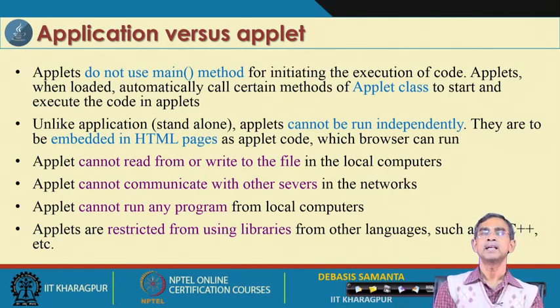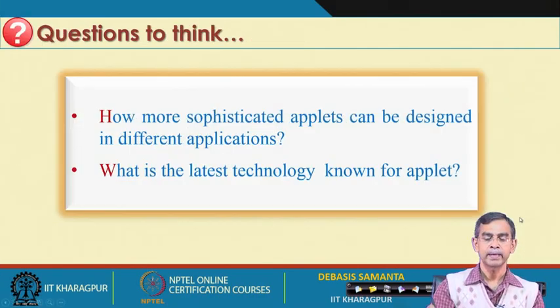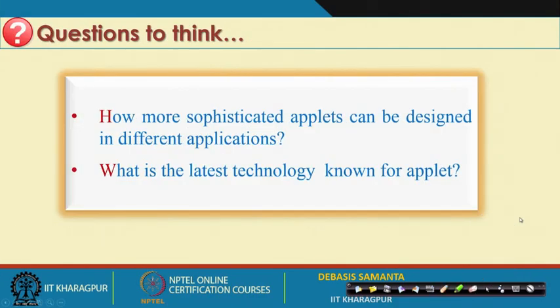Only AWT, applet or swing packages can be used in the applet. So, there are many restrictions so far as the applet is concerned. It is a little surprising why the applet has so many restrictions. Obviously, the reason is that their purpose is different.